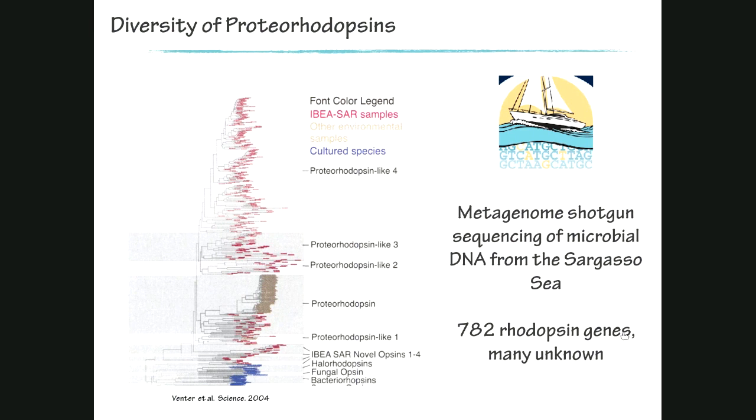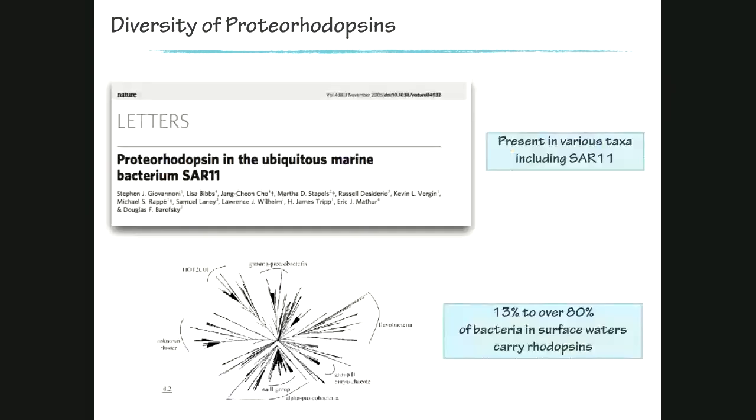Here in blue we see the rhodopsins that were known before from eukaryotes and archaea. In yellow, other uncultured proteorhodopsins. And in red, all the new rhodopsins from the Sargasso Sea, and you see that there is much more diversity than was thought to exist before.